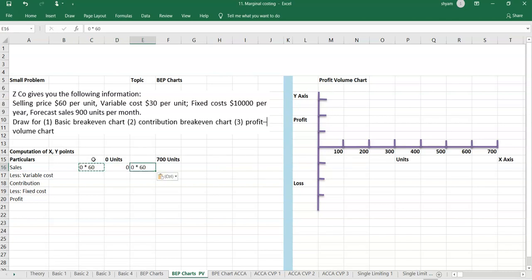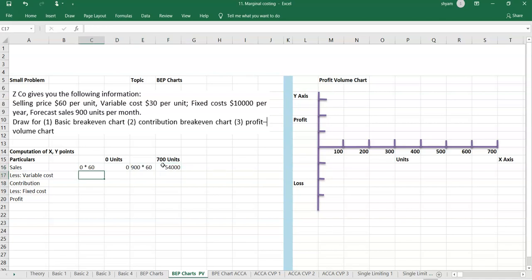And 900 units, sorry, that's 900 units. 900 units into 60 will give you 54,000, right?